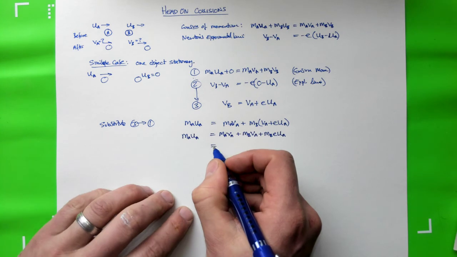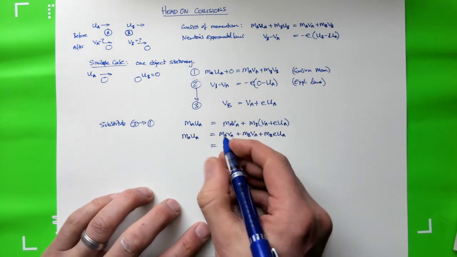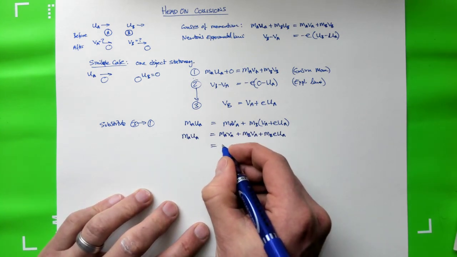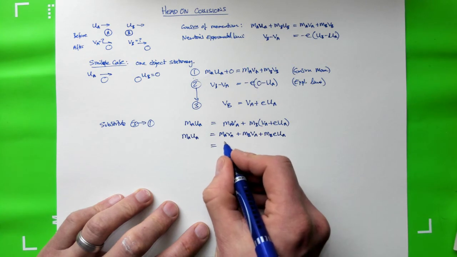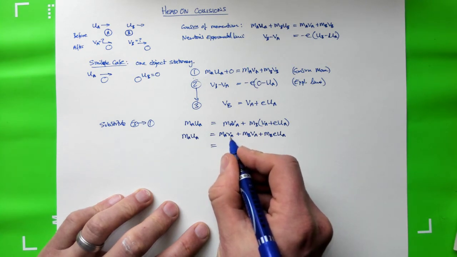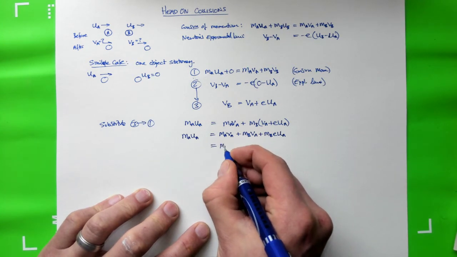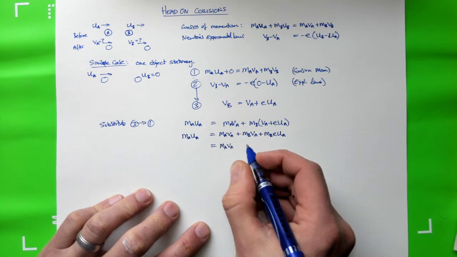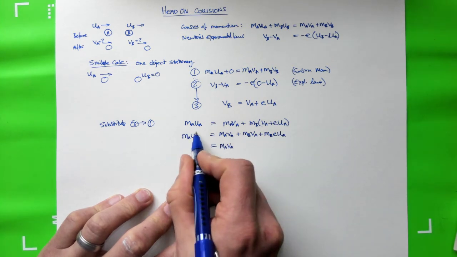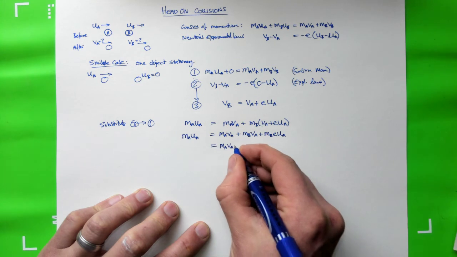Okay, what can we do next with this thing? Now we can group the like terms. So let's move all the vA terms together. So I've got a vA here, so let's leave it where it is, mA vA. And I can move this other term over here, so it becomes minus.